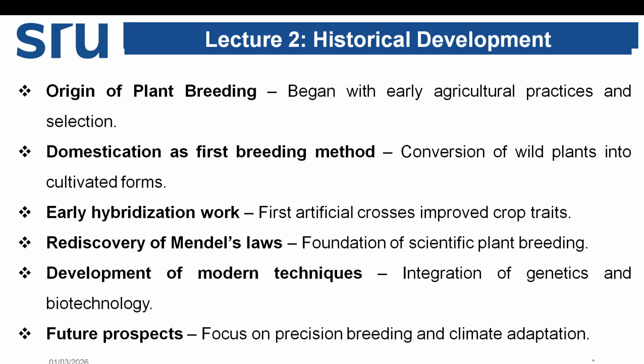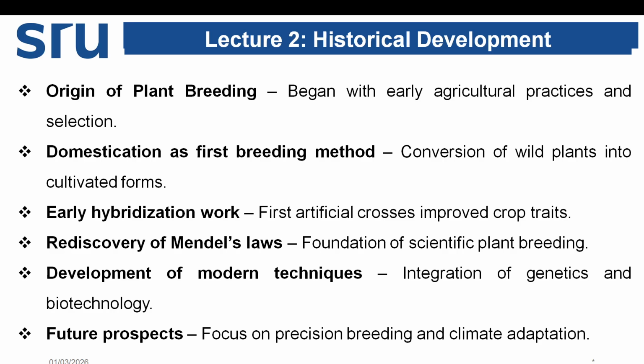Third point, early hybridization work, that is first artificial crosses with improved crop traits. Next, rediscovery of Mendel's laws in 1900, which laid the foundation of scientific plant breeding. For this, Mendel is regarded as the father of genetics.